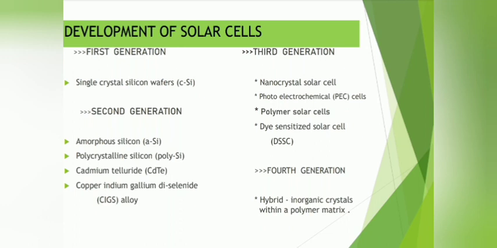Then the third generation: nanocrystal solar cells, photoelectrochemical cells, PEC cells, polymer solar cells, etc. Then the fourth generation: hybrid inorganic crystals within a polymer matrix. These are the generations and developments of solar cells over time.